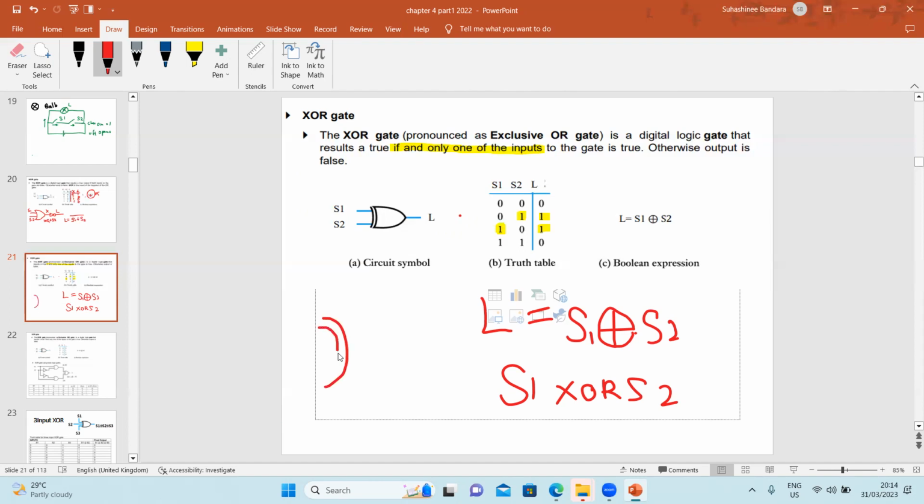Just draw two circles like that, curve shape, then like OR gate. So output is L, input S1, S2. Shall we copy this one? Quickly copy down.